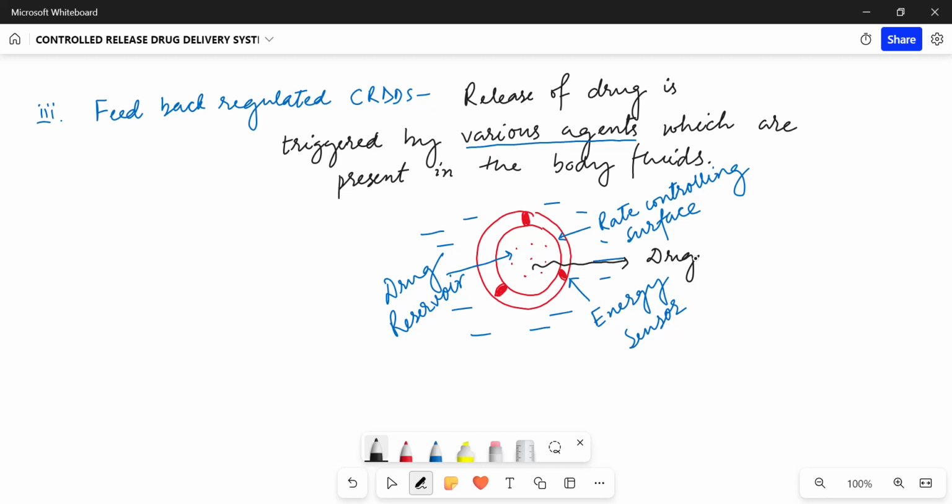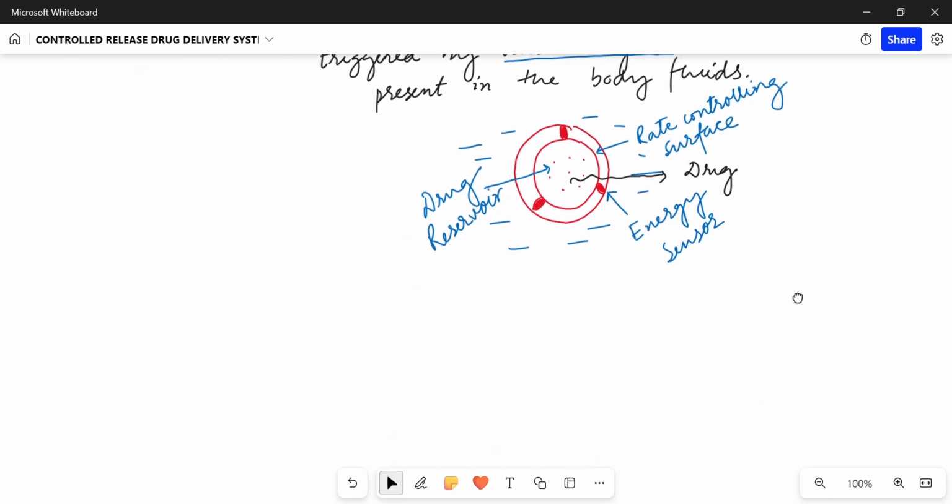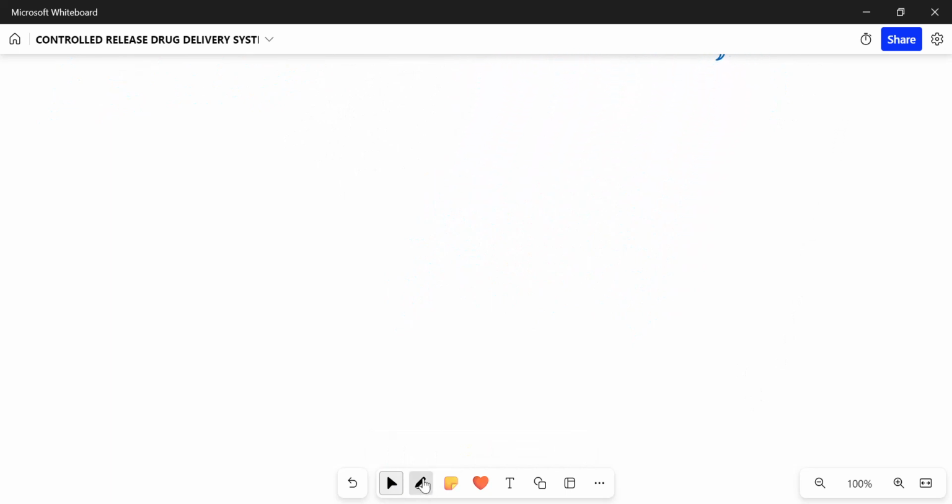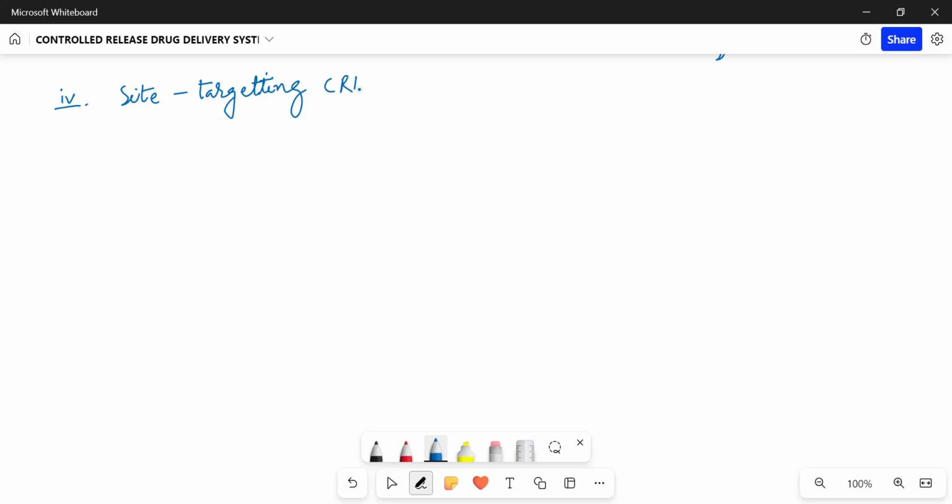Okay, now coming to the next, the fourth one is site targeting control release drug delivery system.